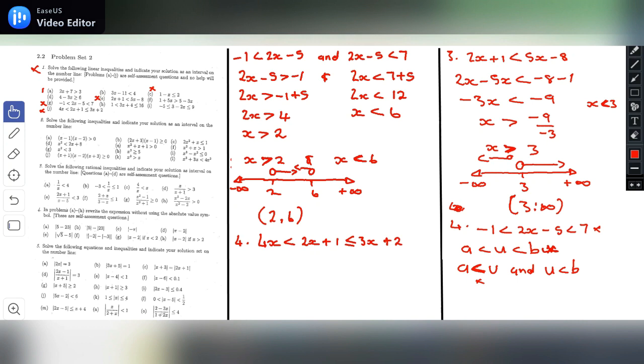Remember, we named this function as 2x plus 1 is greater than 4x but less than or equal to 3x plus 2. So we are going to have 4x is less than 2x plus 1 and 2x plus 1 is less than or equal to 3x plus 2, right?